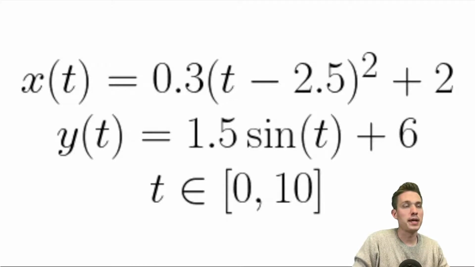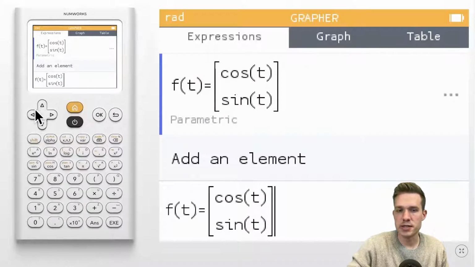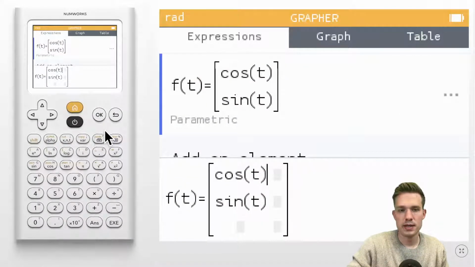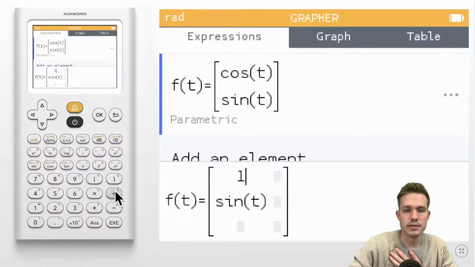We're going to go ahead and plot those. So I'll put the calculator back on in just a moment. Here we go. I'm going to grab my parametric template, and adjust this to my problem. I'm going to back out the cosine of t, and I'm going to do 0.3.